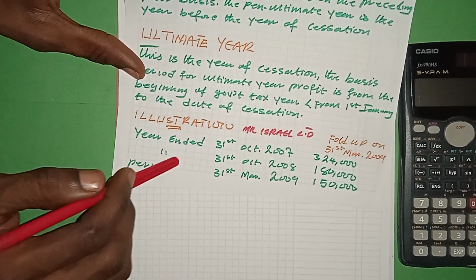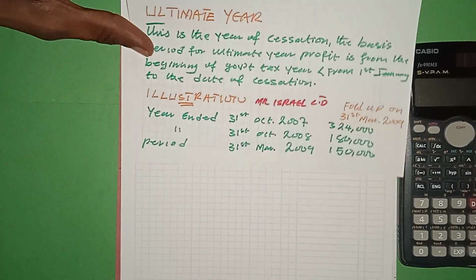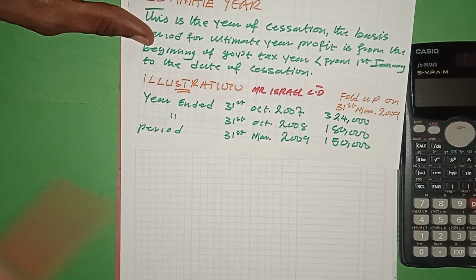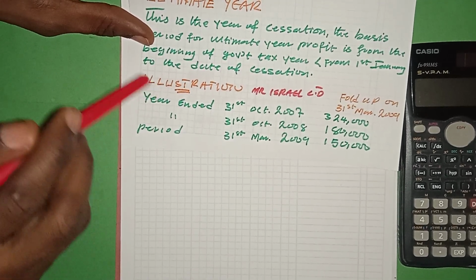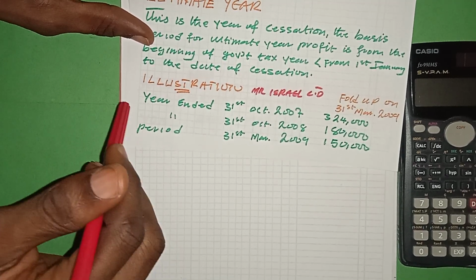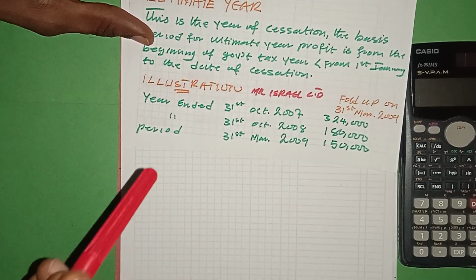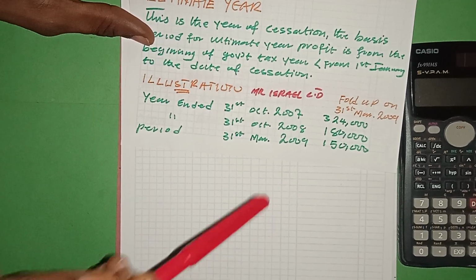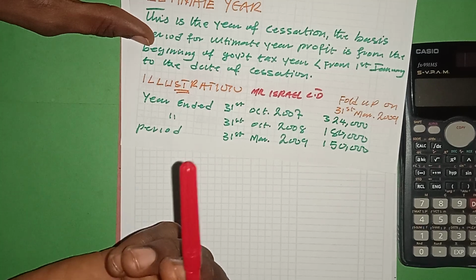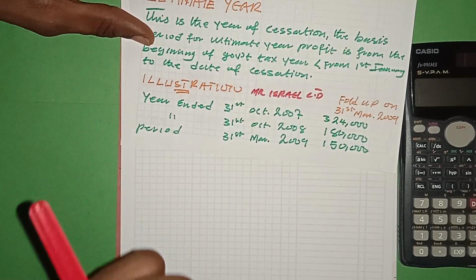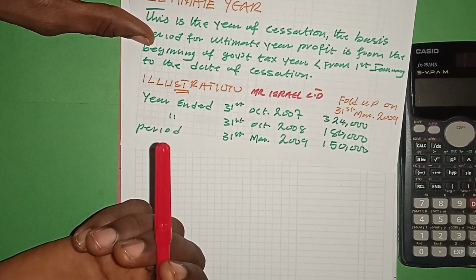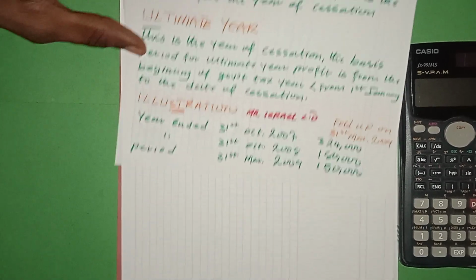Now, the first thing we'll do here is identify our penultimate year. Then after that, we are going to identify our ultimate year and solve using the original basis, because here the tax authority will apply for what? Election, right of election. But let's just continue with this one first.